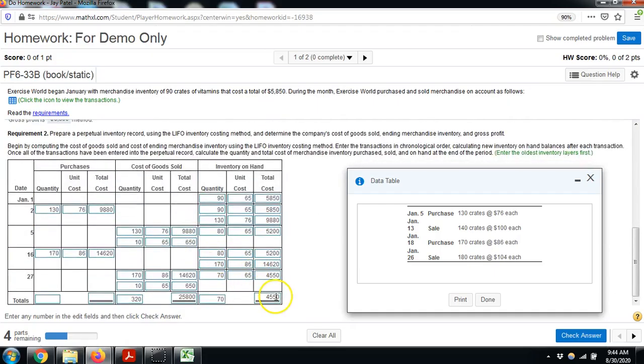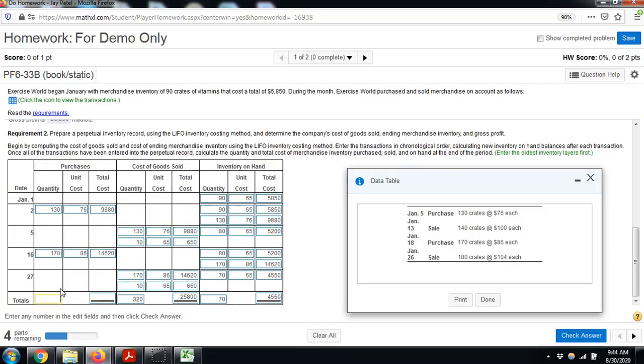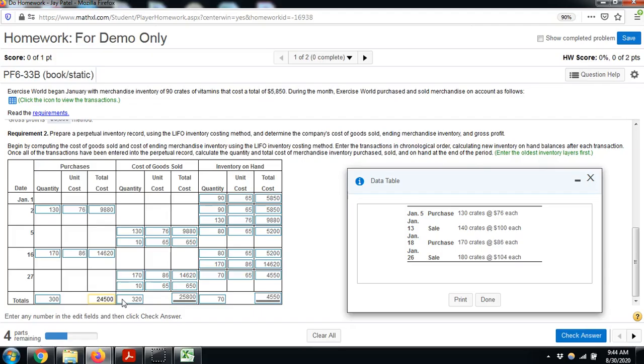So our inventory balance is lower, but our cost of goods sold is higher between these two methods. The quantities are all the same because we're buying and selling the same amount. It's just we're differentiating on which of the units and at what cost we're using in our cost of goods sold. So the units again are the same. It's just the cost of goods sold and the inventory on hand, ending balance are going to differ.